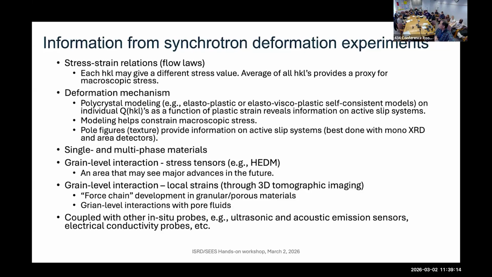And you also get pole figures, which tell you the texture of the sample after controlled deformation. And this texture information, again, can be plugged into the models to get your active slip systems. And also you can use this to estimate seismic anisotropy of the materials after deformation.